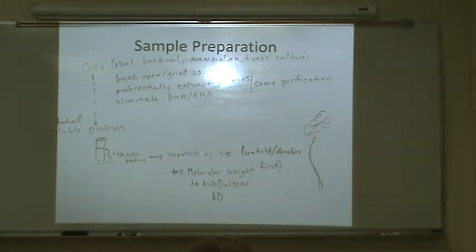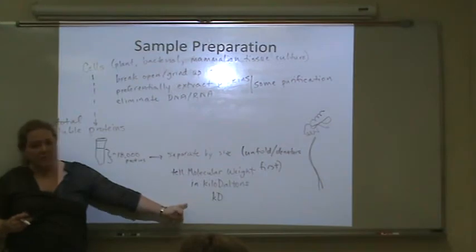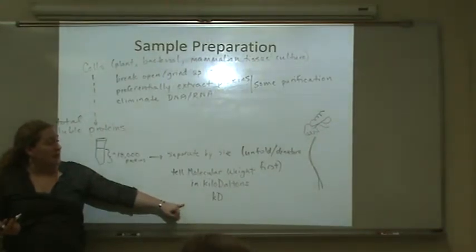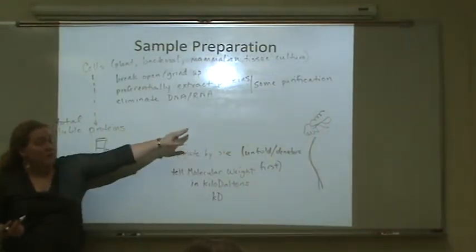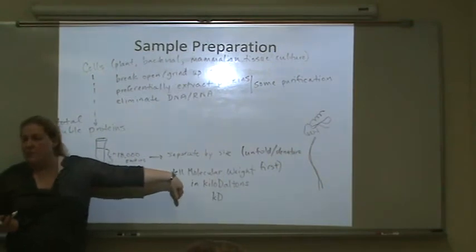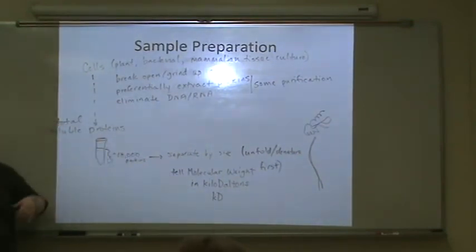So generally, big proteins have bigger molecular weights, and smaller proteins have smaller molecular weights. And it's easiest to determine what the molecular weights are if you stretch out or denature the proteins in your total sample before you start looking at their sizes.